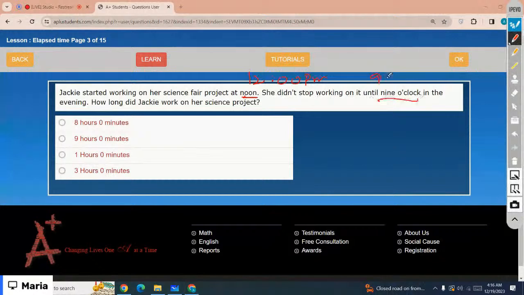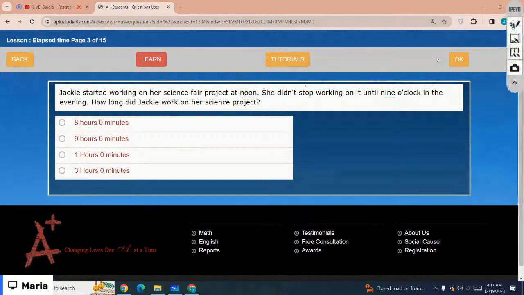So she worked until 9 p.m. You need to calculate the time duration. Yes, that is 9 hours and 0 minutes, right? The correct option is she worked on her science project for 9 consecutive hours. 9 hours and 0 minutes it is.